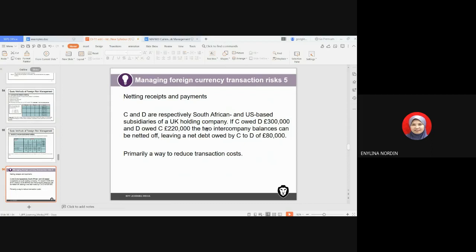The two intercompany balances can be netted off, and it will leave the net debt owed by C of £80,000, because C owes more than D.